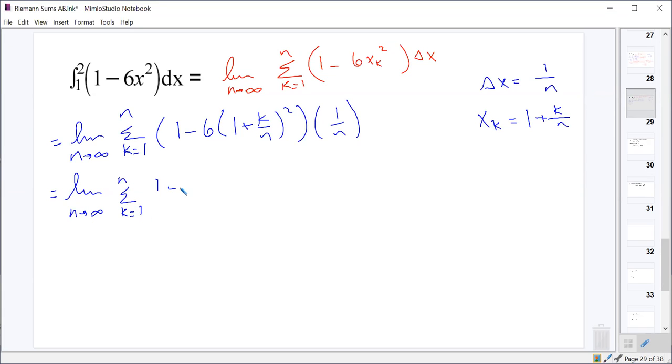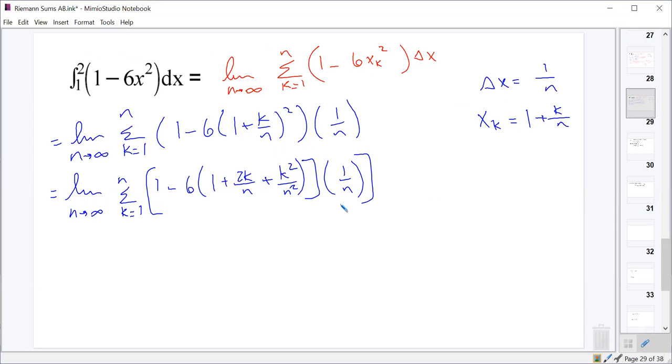So it's going to be 1 minus 6 times 1 plus k over n squared, which will be 1 plus 2k over n plus k squared over n squared if we distribute that out, times 1 over n.